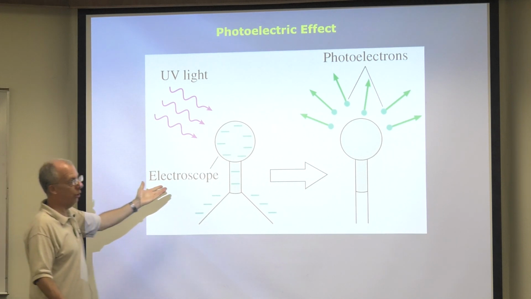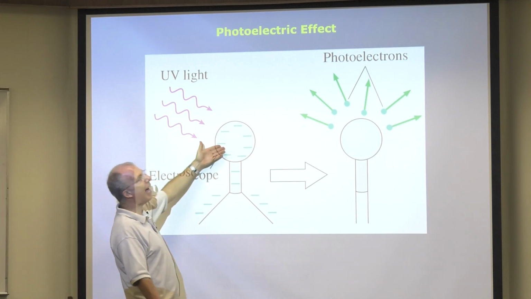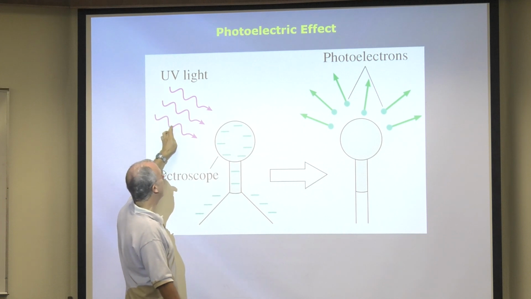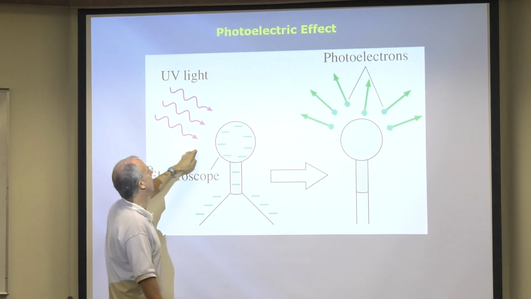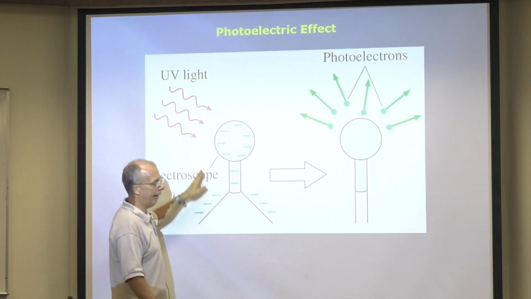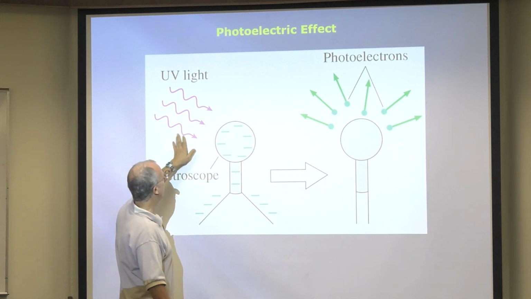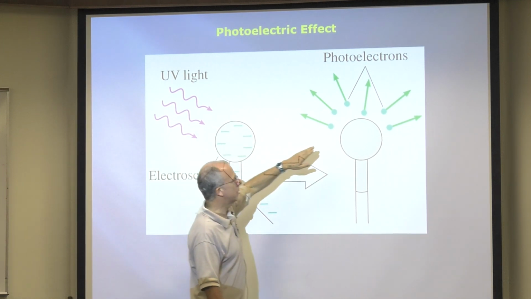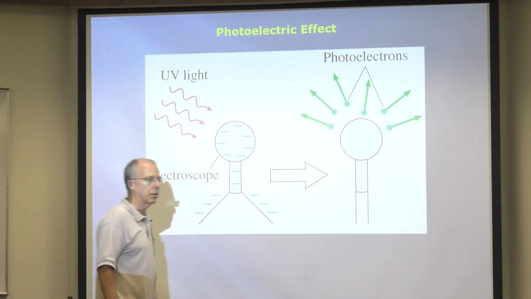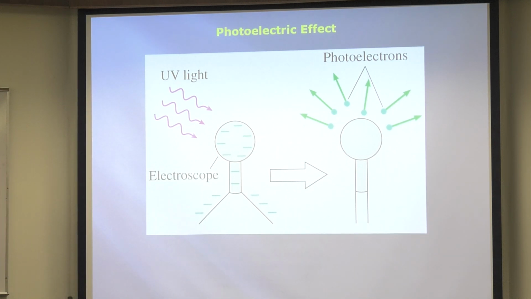This has nothing to do with heating it up. All we're doing is shining light on this. And it's UV light, not X-rays or something. We're just shining light on this, but somehow we're emitting the electrons. So something's going on that's very, very different.